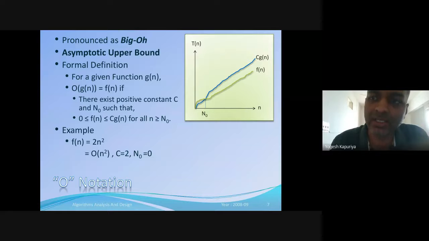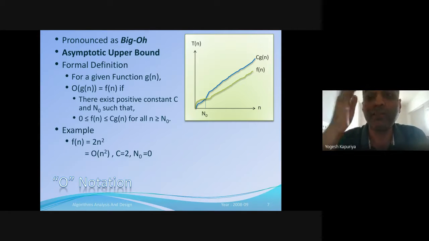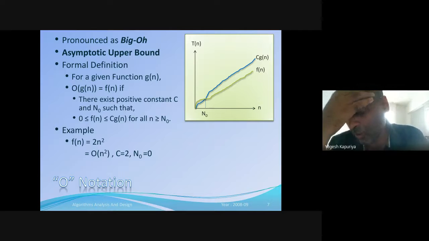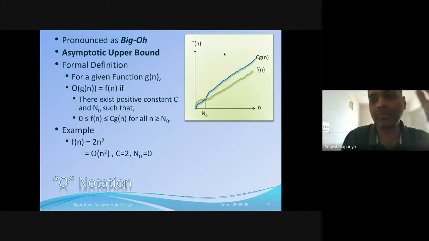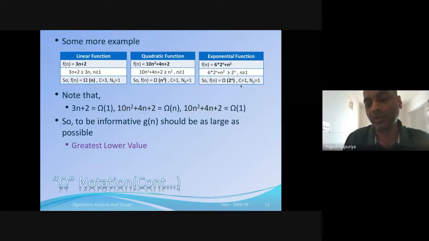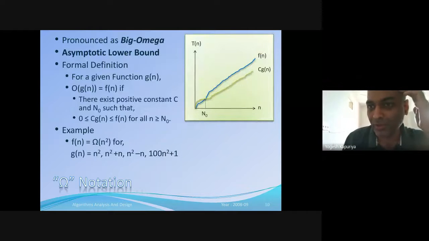But I cannot say that 7 is actually considered to be a Gn for this given Fn, which is equal to 5. I hope you understood the point. My point is, you should compute the tightest upper bound when you are computing big O, and you should compute the tightest lower bound when you are computing the big omega.